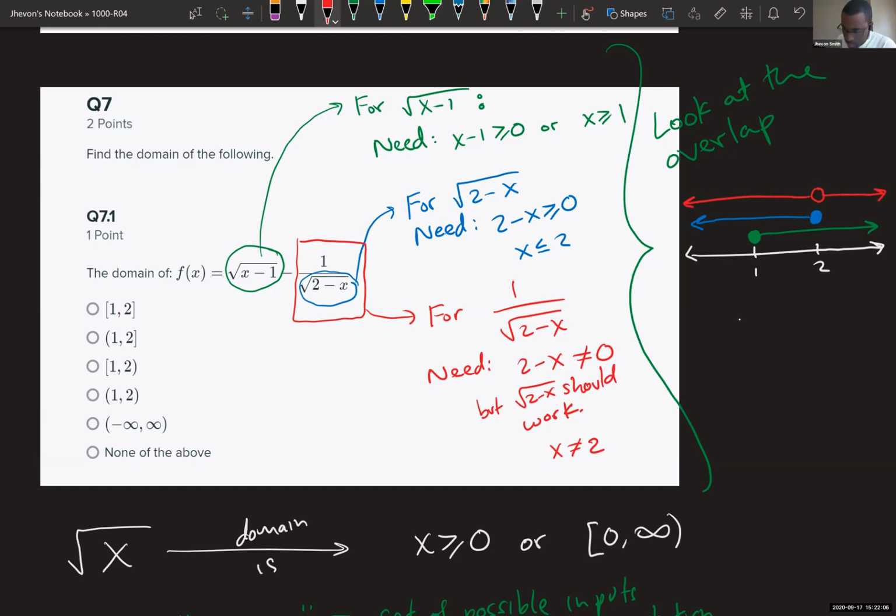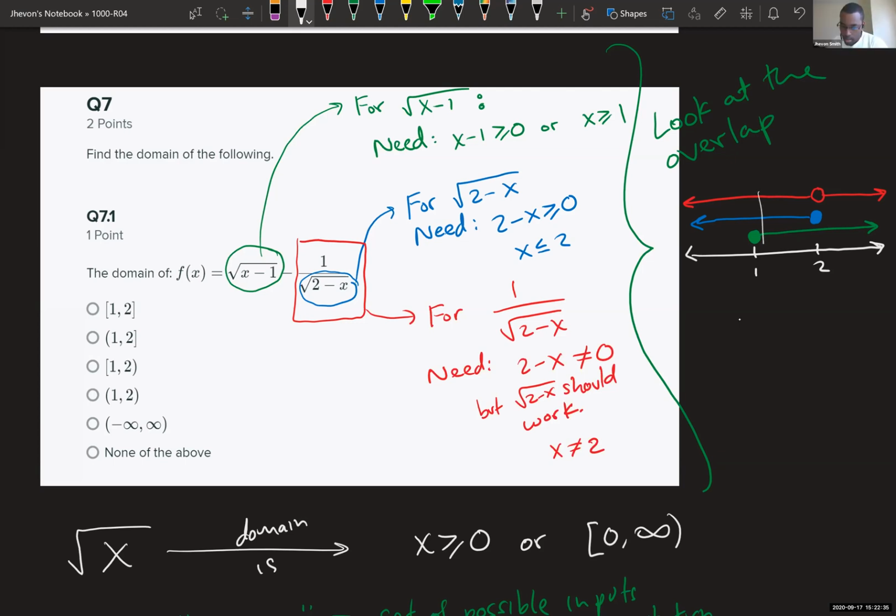Now, what is the domain of the entire function? Well, it is the set of numbers that satisfy all requirements at the same time. This means that we care about the regions where all 3 of these colors appear all at once. And what region is that? The bracket 1, 2, parentheses.